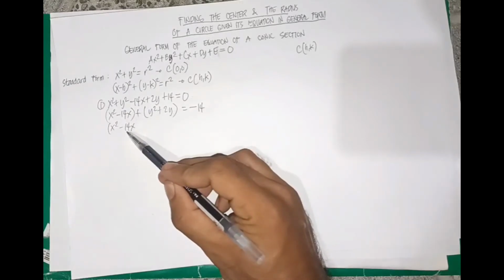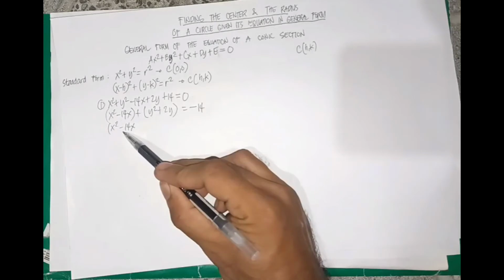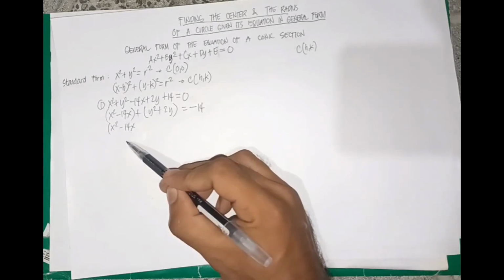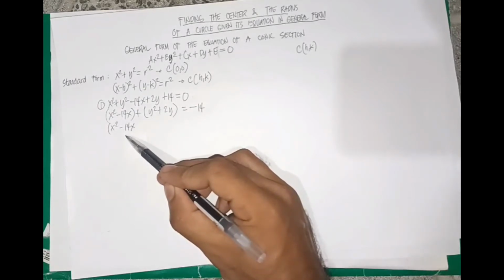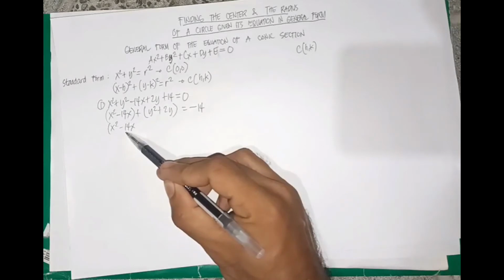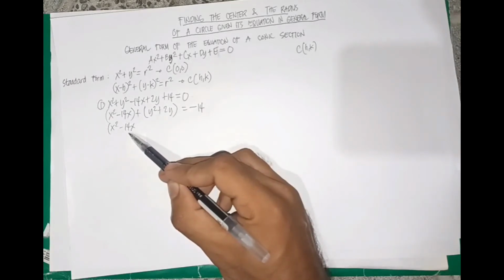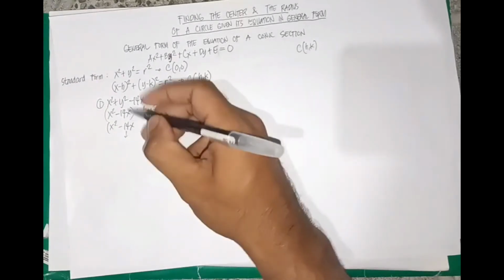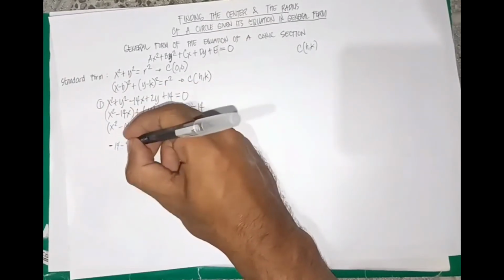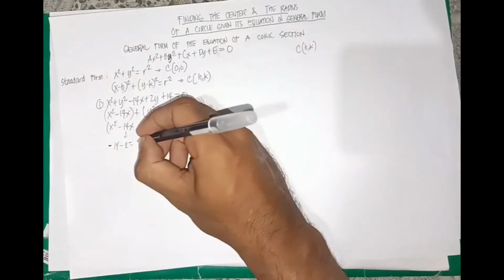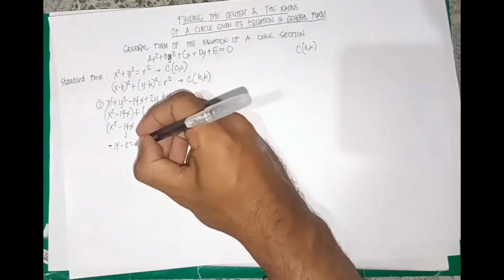Simple as that. We're going to divide negative 14 by 2. Negative 14 divided by 2 is negative 7.